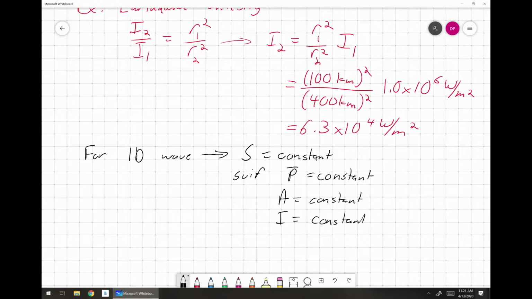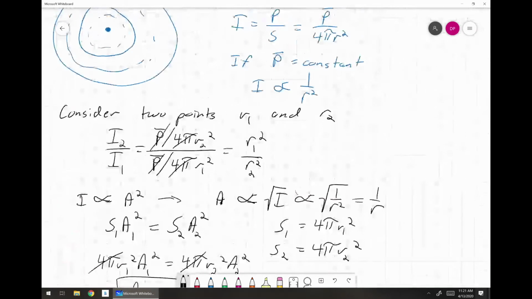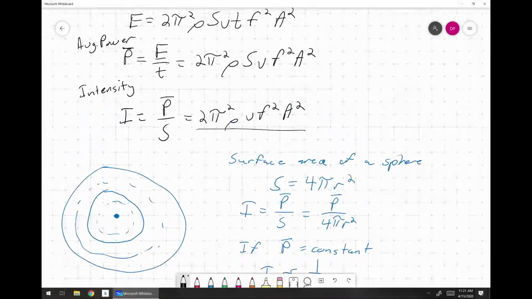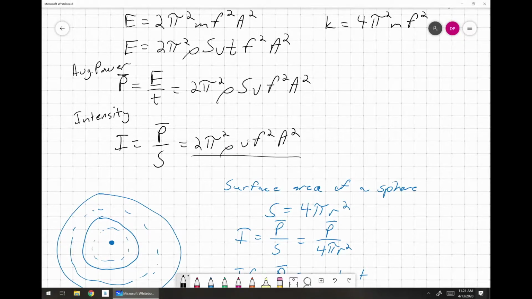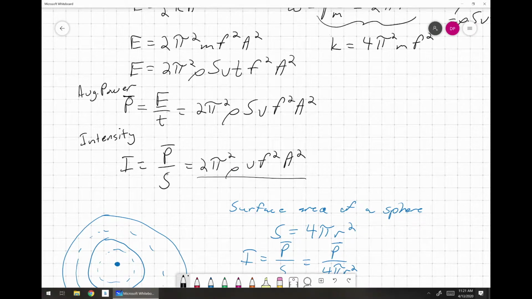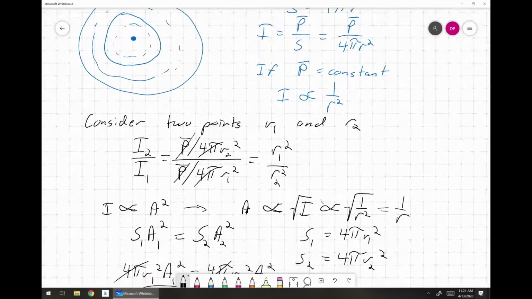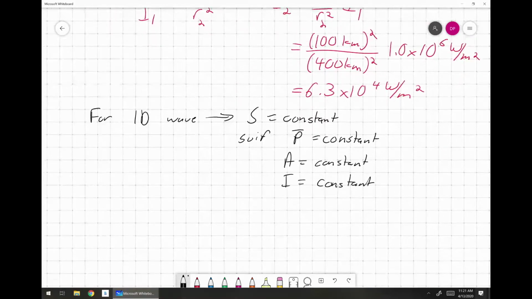If we go back and look at all of these equations up here, if this S is a constant and P is a constant, then intensity has to be a constant. And if intensity is a constant, then the amplitude has to be a constant over here. That is what will happen if we have a one-dimensional wave.